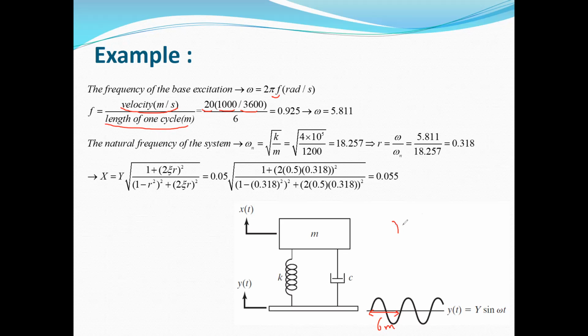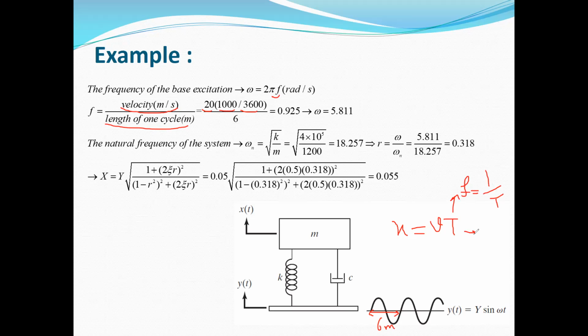We know that x is equal to v times t, where this t is in fact the period of the system, and also we know that the frequency is equal to 1 divided by period.